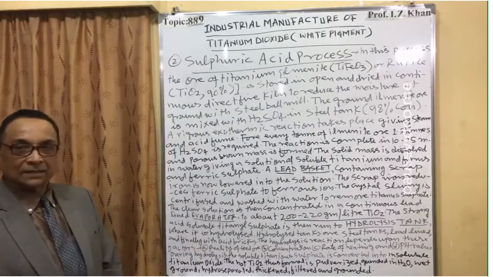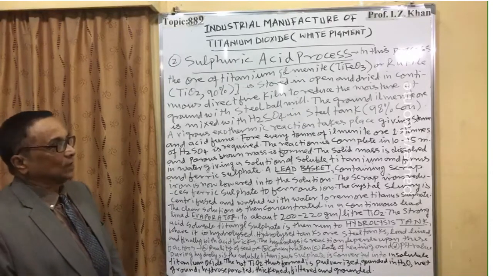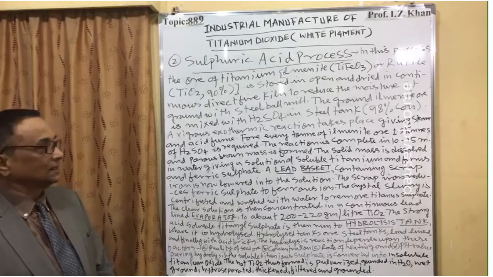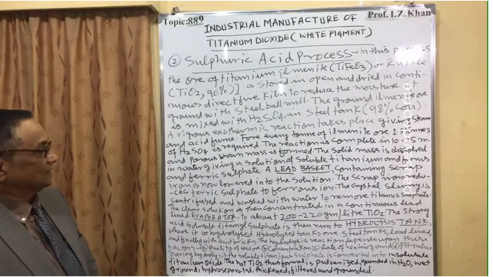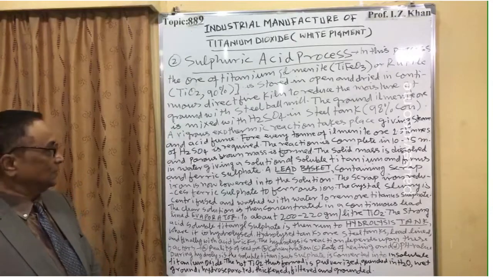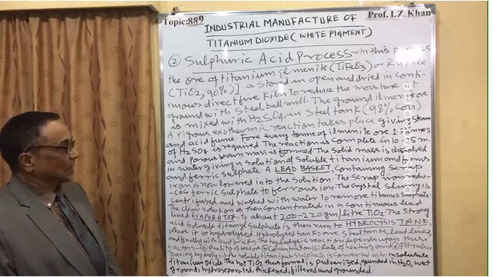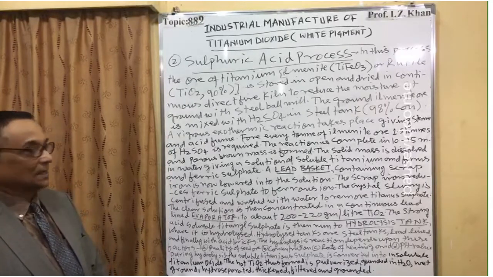For every ton of ilmenite ore, 1.5 tons of concentrated sulfuric acid is required. The reaction is complete in 10 to 15 minutes, and a porous brown mass is formed during this reaction.